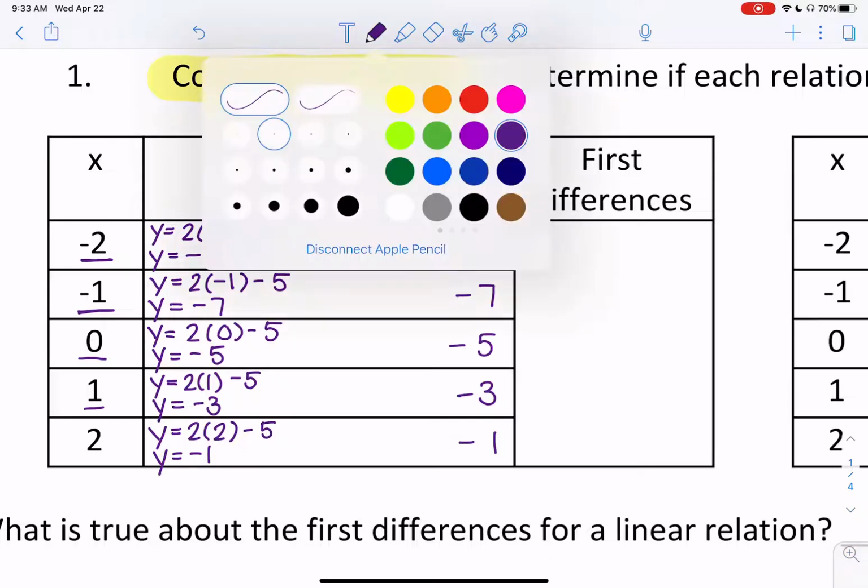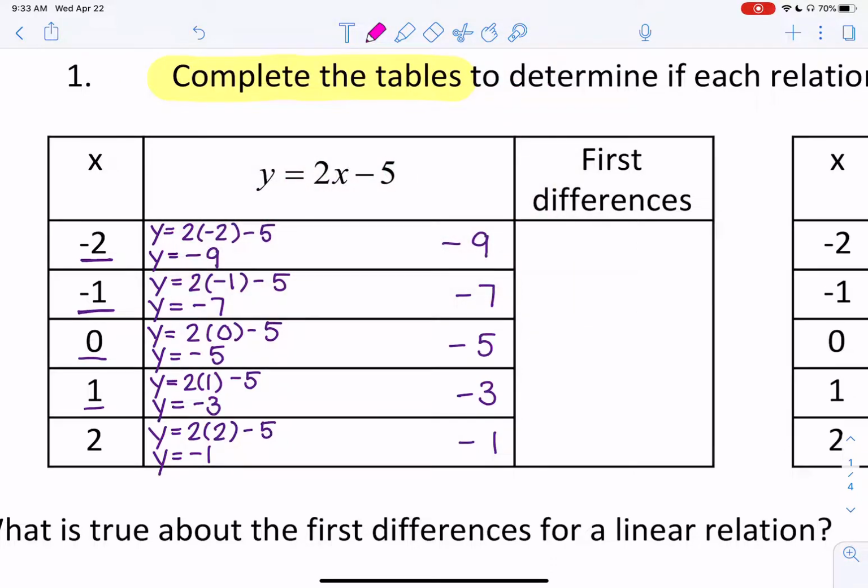And when we do first differences, we're going to take our y value and subtract it from the one above it. So the first one will be -7 minus -9. So that will give us 2. And now you're going to continue to do this on all of your y values.